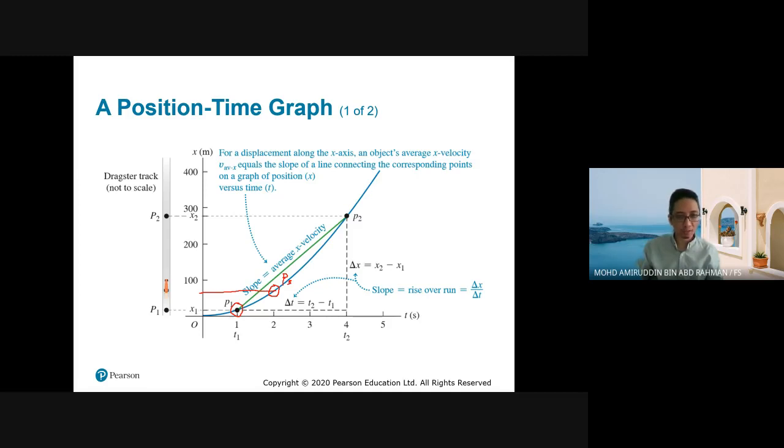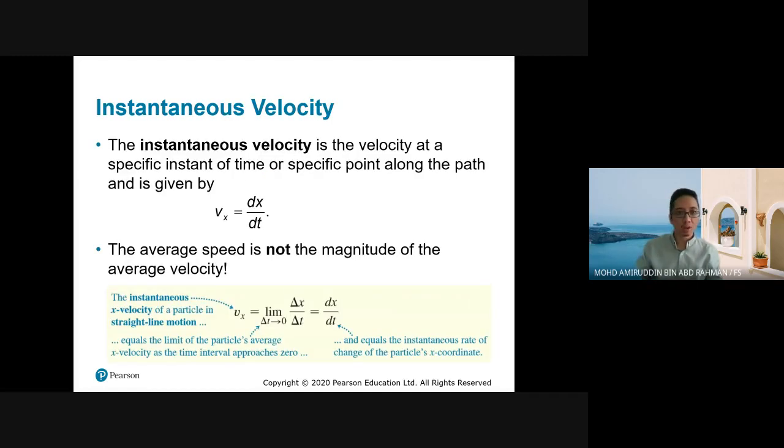So we find the difference between P2 and P3 and P1. That's the meaning of the instantaneous velocity, because it is the velocity at a specific instant of time or specific point along the path, and is given by Vx. So it equals dx over dt.